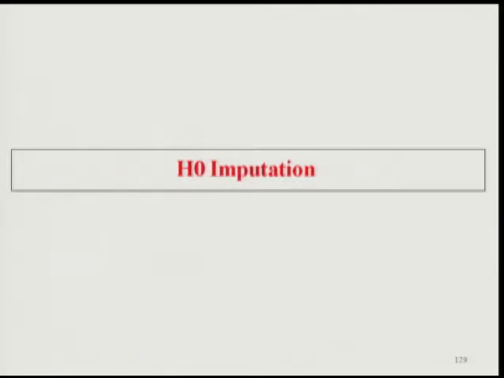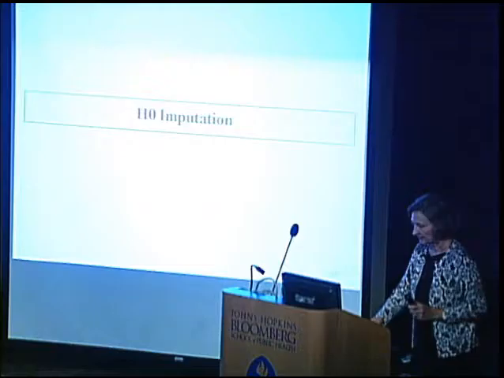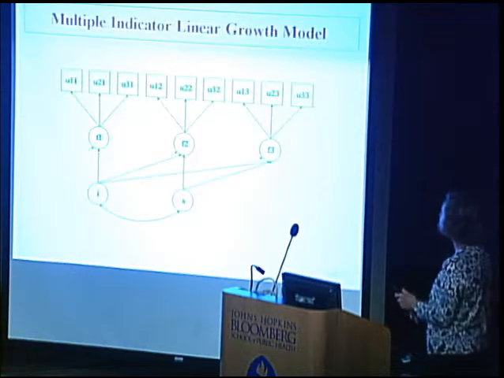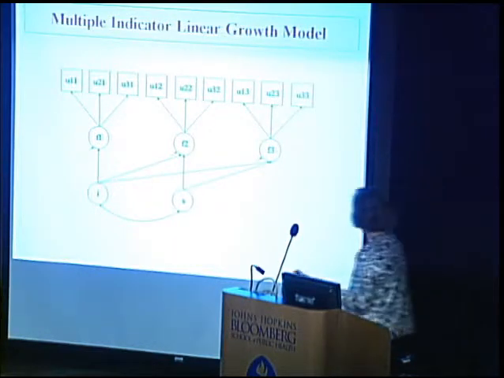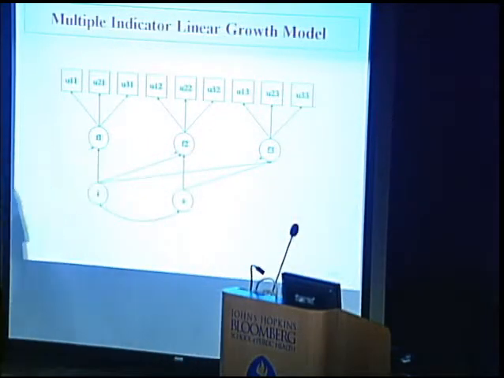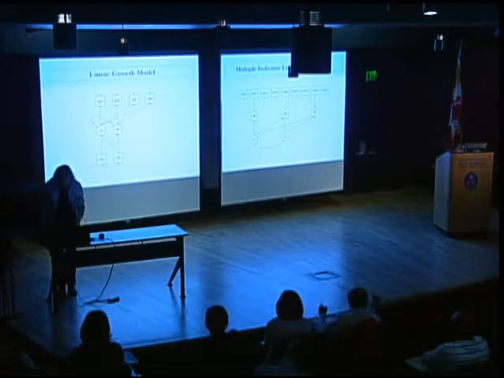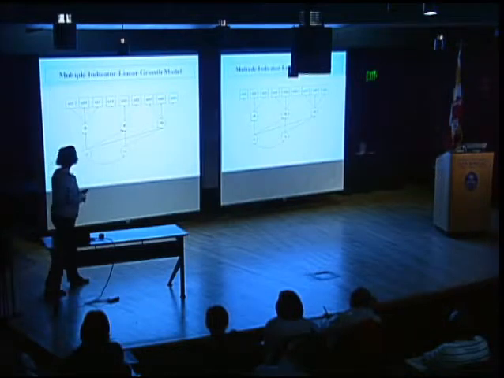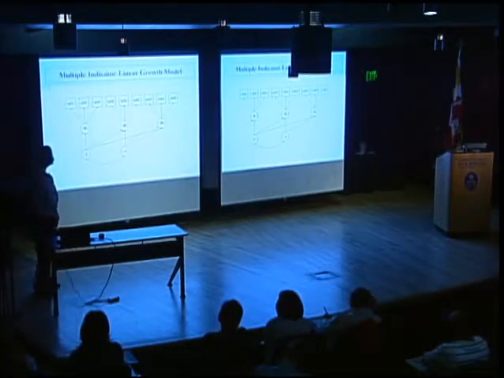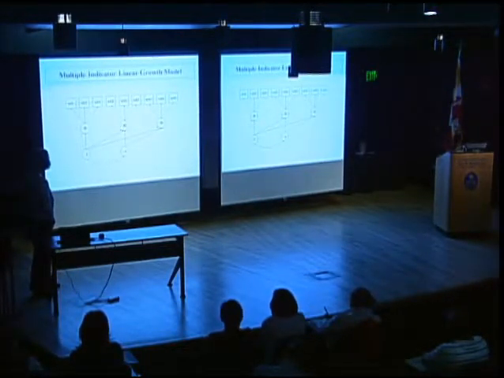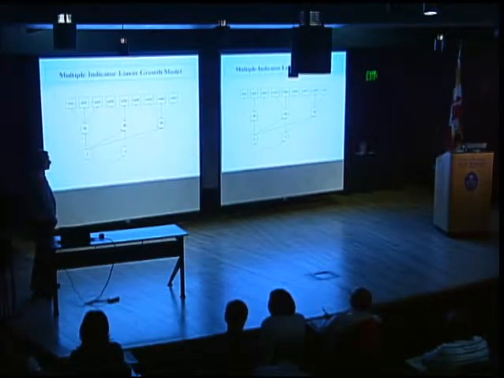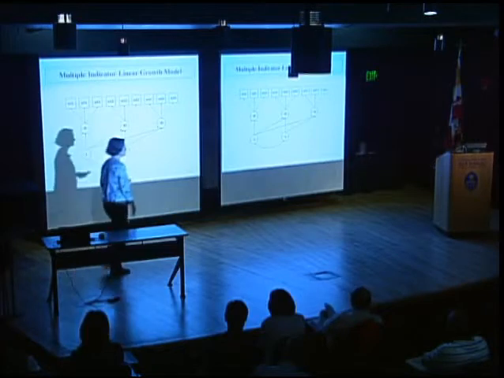Now we're going to look at data imputation according to the H0 model. So here we have a multiple indicator linear growth model. And so we can generate our data according to this model, rather than the H1 model.